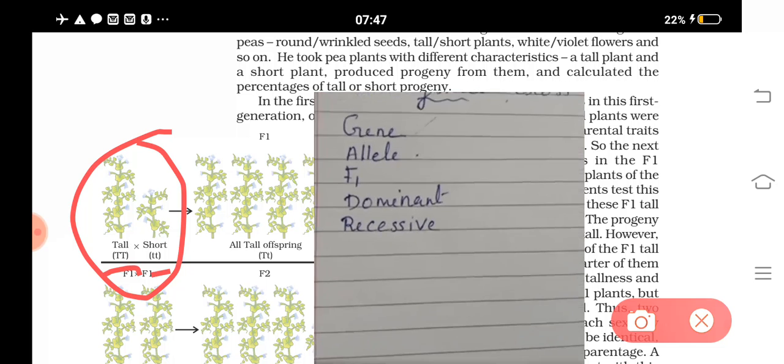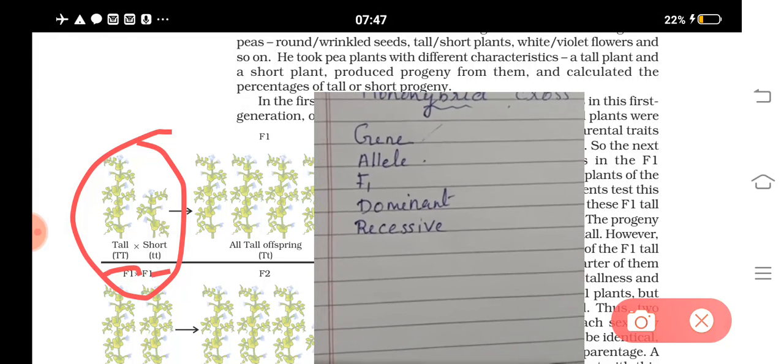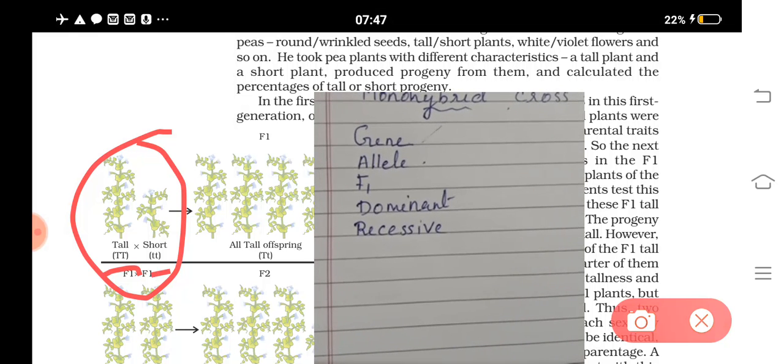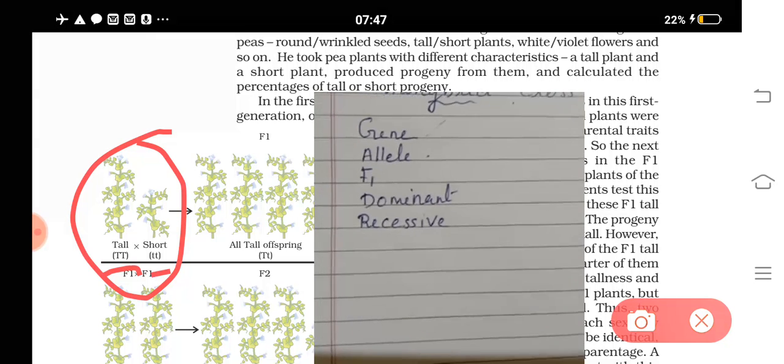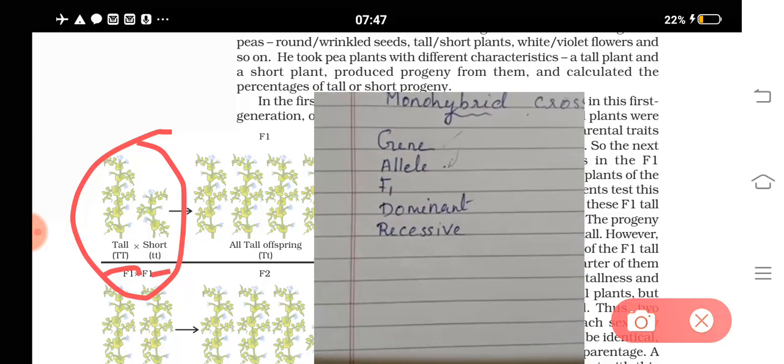Now, alleles. Genes can exist in two different forms. These different forms of the same gene are called what? Alleles. Allele means different forms of the same gene.